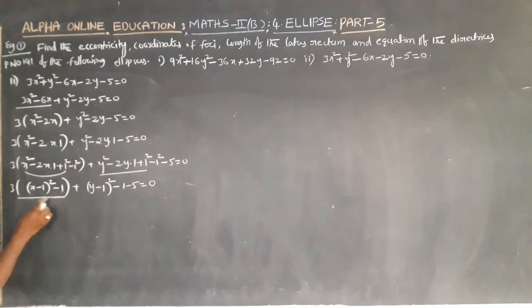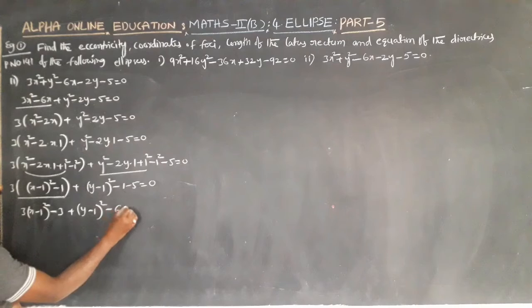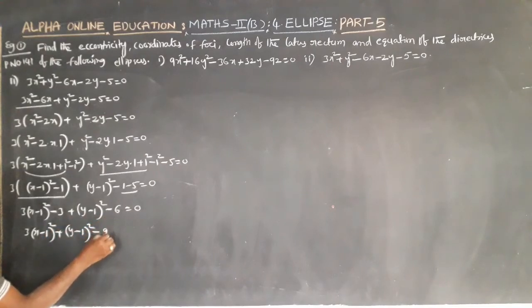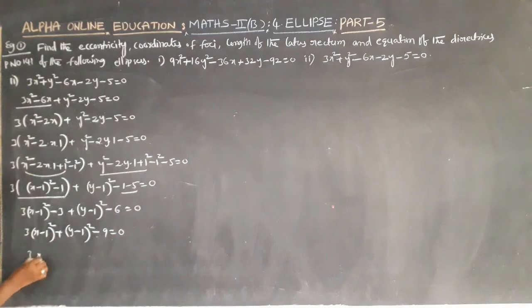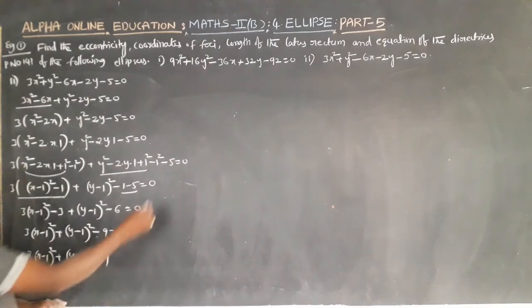Multiply the value with 3: 3 into (x minus 1)² minus 3 plus (y minus 1)² minus 6 is equal to 0. Minus 1 minus 5 is minus 6. So 3 into (x minus 1)² plus (y minus 1)² minus 3 minus 6, that is minus 9, is equal to 0. So 3(x minus 1)² plus (y minus 1)² is equal to 9.